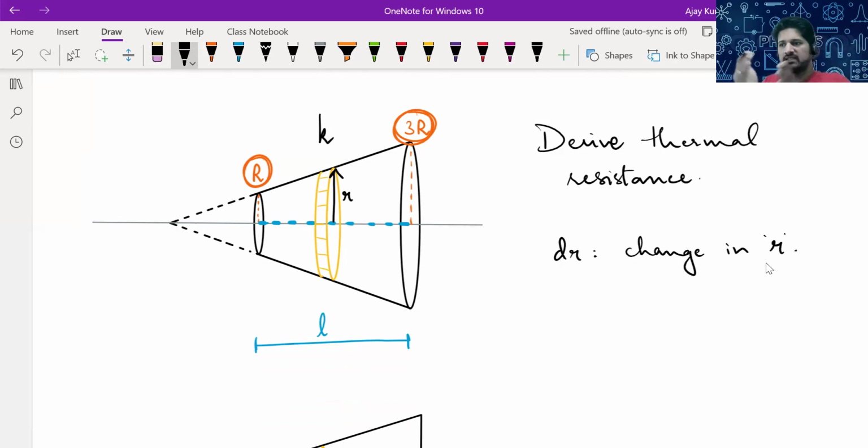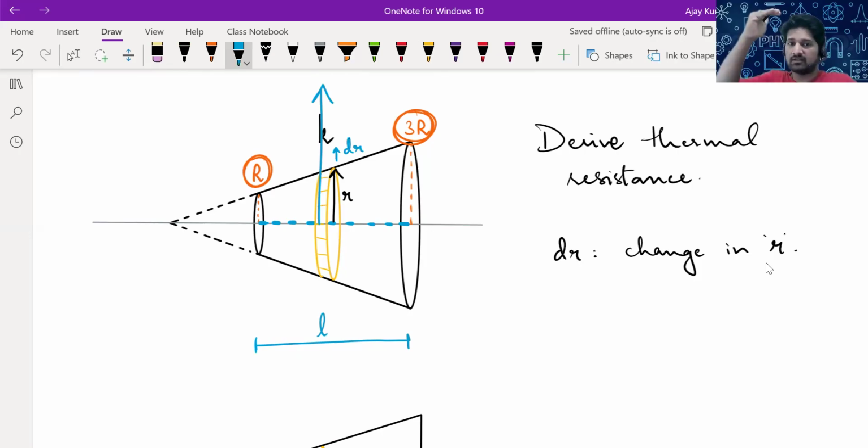So when you go from one disk to the next disk, thickness is not equal to the change in radius. For spheres, it was. As heat flows from the inner sphere to the outer sphere, the distance by which heat flows is itself the distance by which the radius changes. But here it's not like this. Suppose heat flow was in this direction, then the small distance by which heat flows can be equated to the small change in radius.